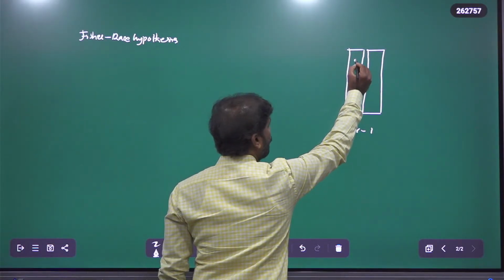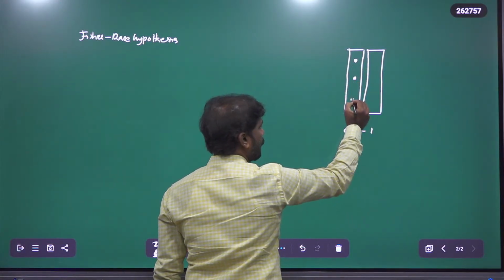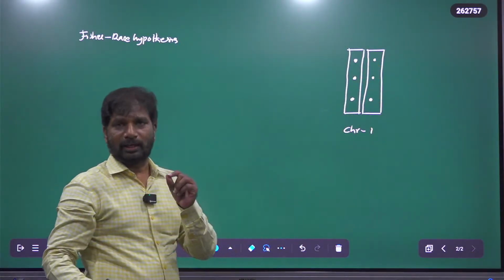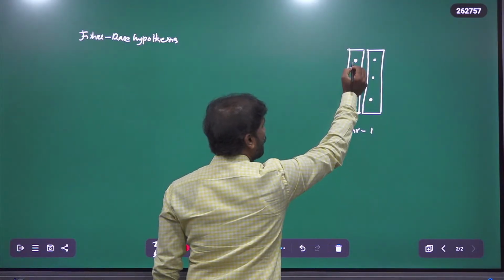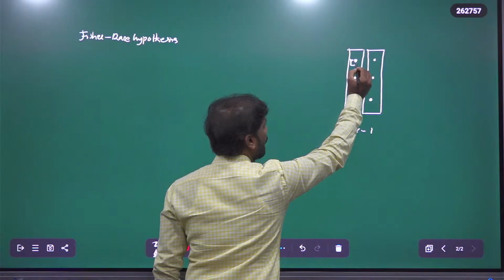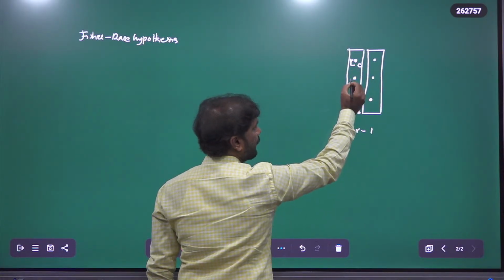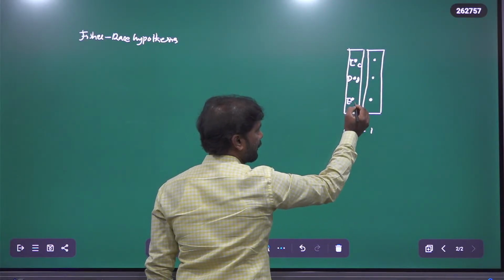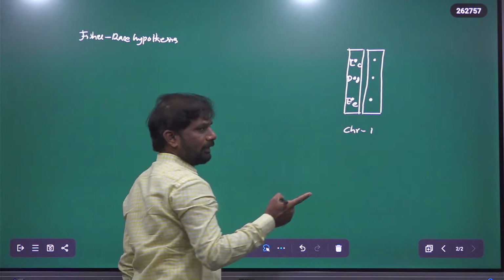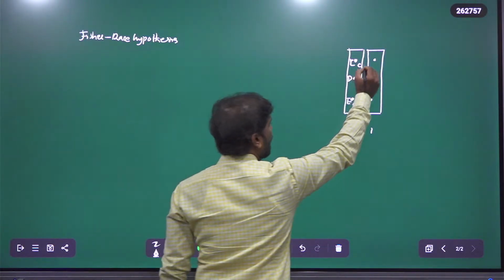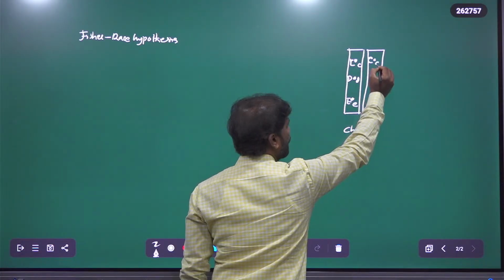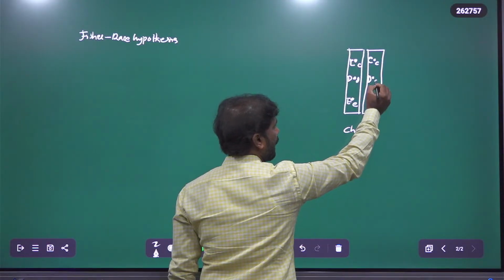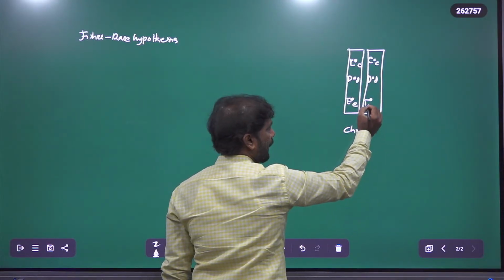Chromosome 1 includes 3 loci, and each locus includes alleles, either a dominant allele or a recessive allele. In the homologous chromosomes, there is either a dominant allele in the form of capital C or small c, either capital D or small d, and capital E or small e.